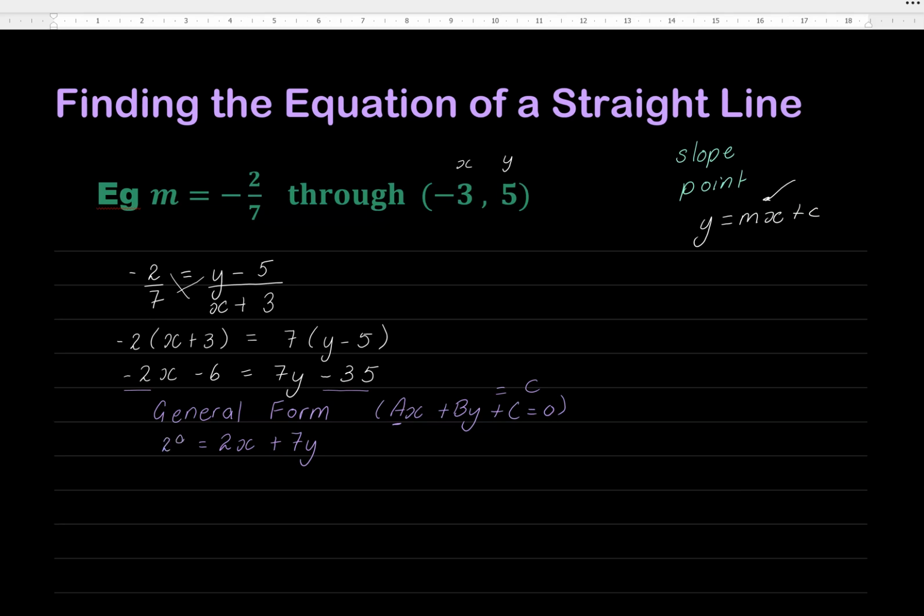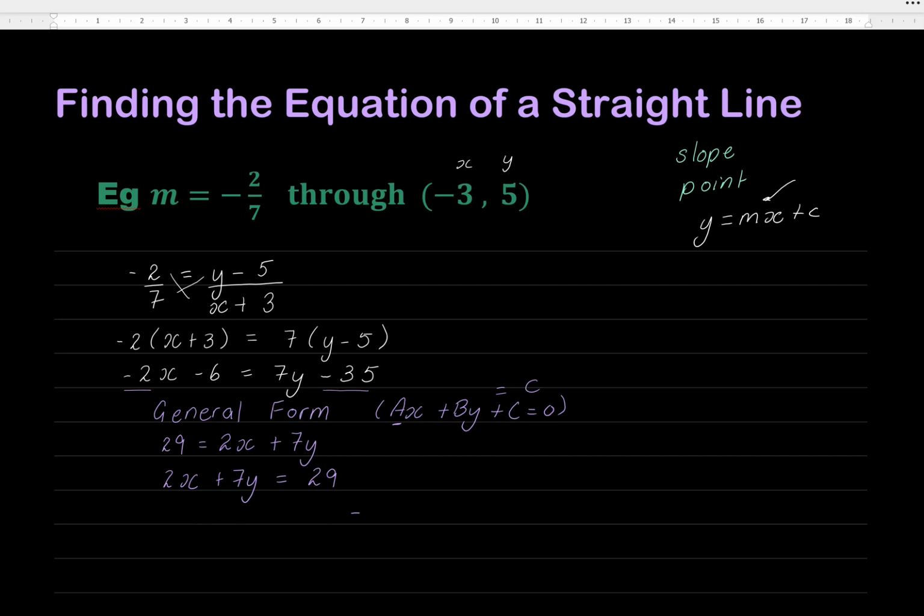So minus 6 plus 35 is 29. And that's beautiful as it is, or you can write it as 2x plus 7y equals 29. I would accept that. Technically, if you look at some of the textbooks, they might have plus 7y take 29 equals 0, but I go, yeah, forget that.